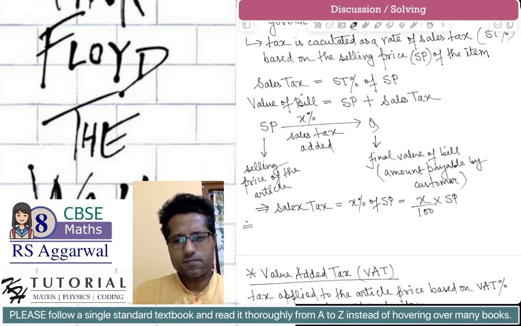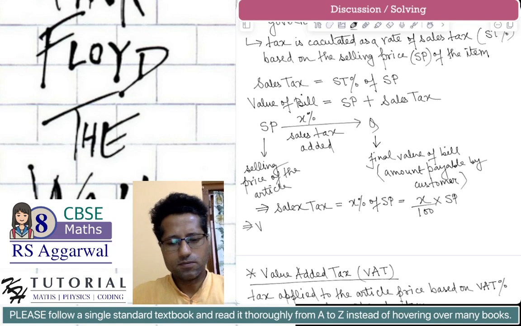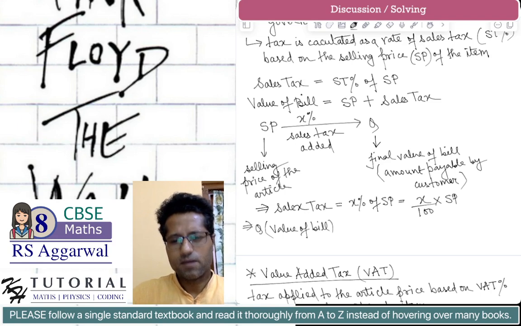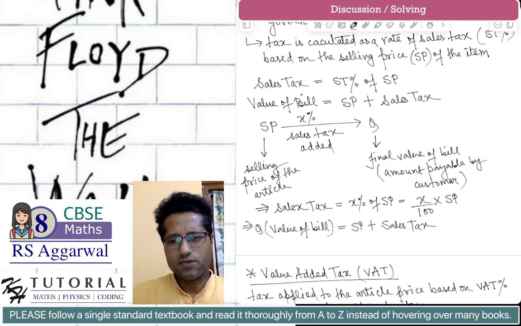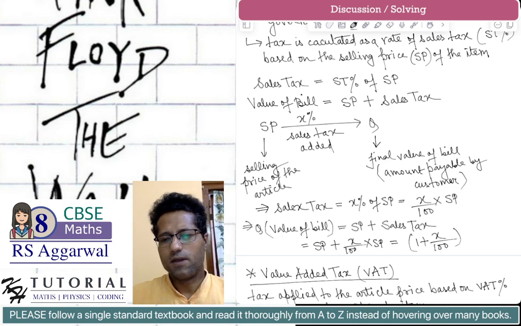This implies the value of bill, Q, will be equal to definitely SP plus sales tax, which is equal to SP plus X by 100 multiplied by SP, which is equal to 1 plus X by 100 multiplied by SP.